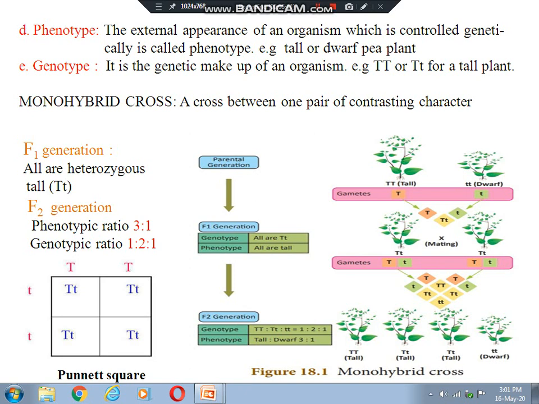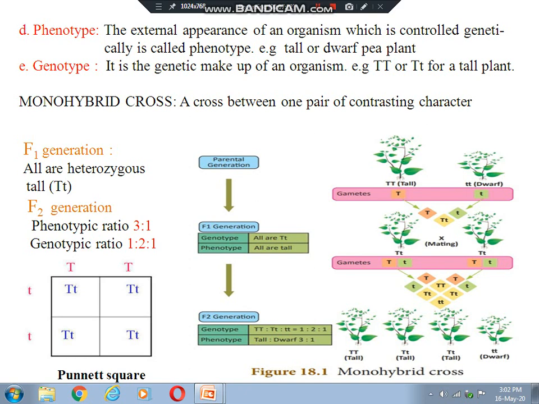The same definitions I'm giving in the monohybrid cross, then it will be clear to you. You just try to keep it in mind. That is, phenotype means external appearance that can be seen from outside. Genotype, the genetic constitution, the genetic makeup of an organism, is called genotype. I am not explaining why capital T, capital T, small t are given here.